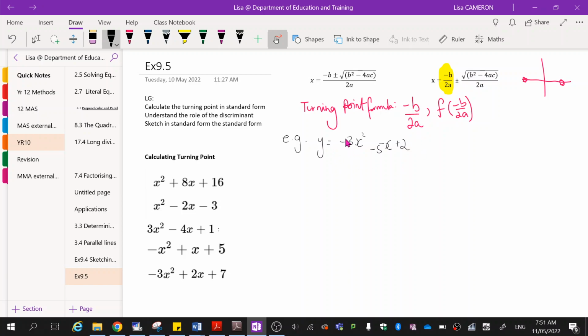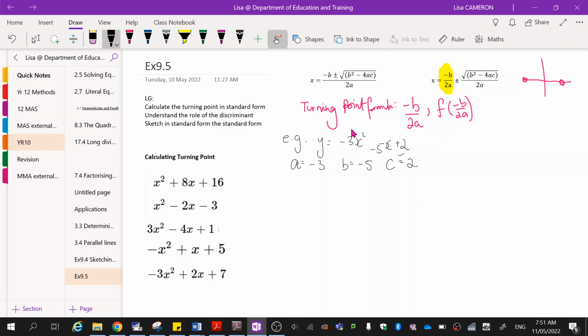That's referring to the a's and b's in this equation. You assign them the same way you would for the quadratic formula. So a equals the thing in front of x squared, so minus 3. b equals the thing in front of x, minus 5. And c equals the constant on the end, so just 2.